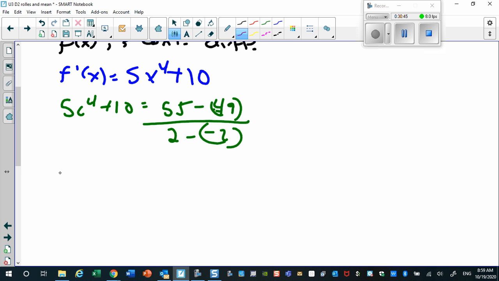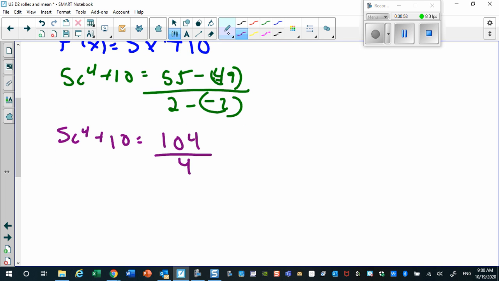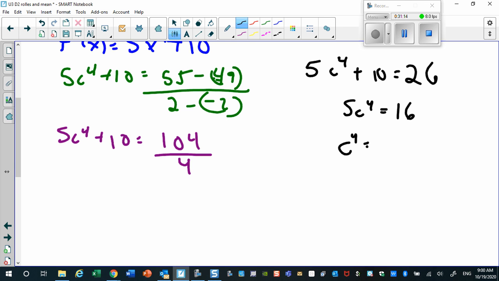So I have 5c to the fourth plus 10. 55 and 49 make 104 over 4, which makes this 26. So 5c to the fourth plus 10 equals 26, 5c to the fourth equals 16, c to the fourth equals 16 over 5.